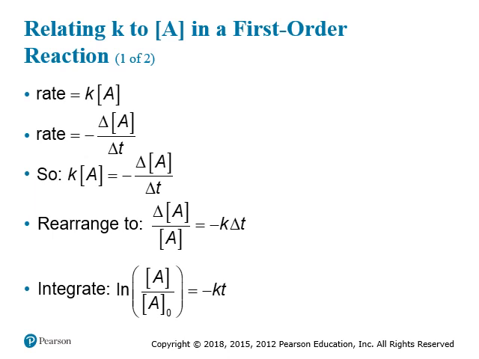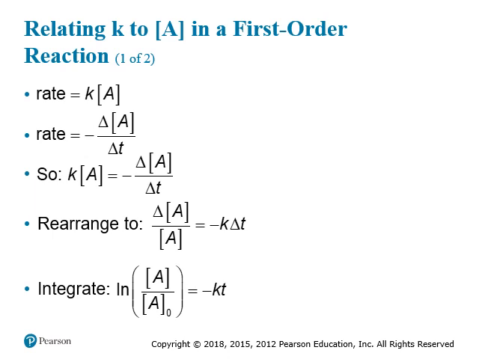So by equating these two things, we can rearrange the equation in such a fashion that we see that the change in the concentration of A over the concentration of A at a specific time is equal to the negative rate constant times the time elapsed.